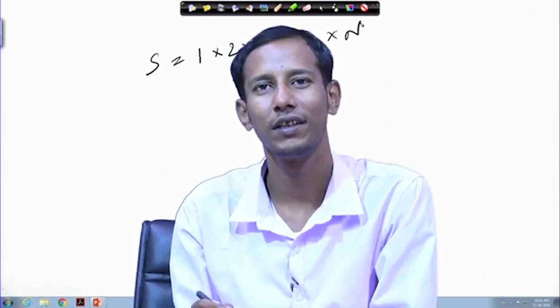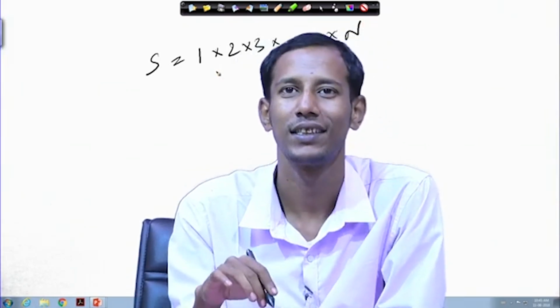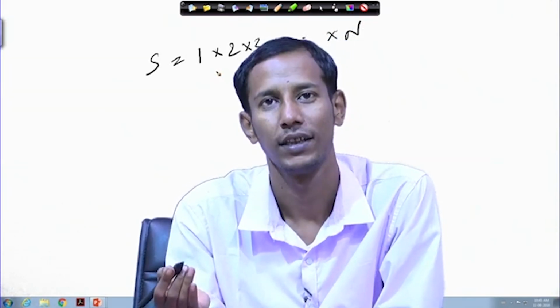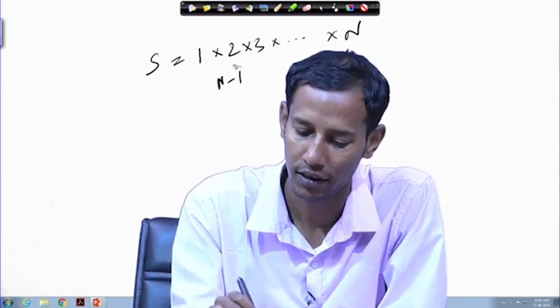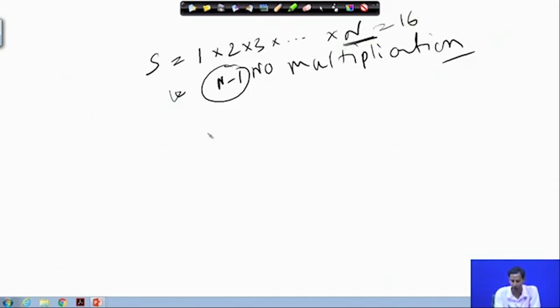If I want to implement this kind of function, it is similar: here also I need n minus 1 multiplications for a parallel implementation, or if I want to compute it within 1 clock cycle. If n is, let us consider, 16, then I need 15 multipliers.